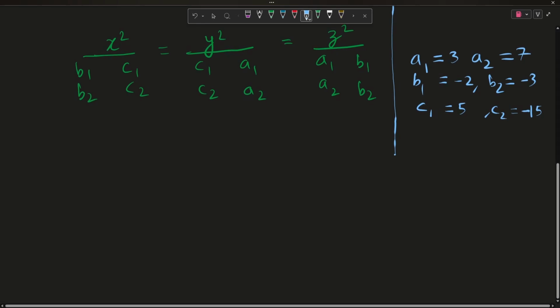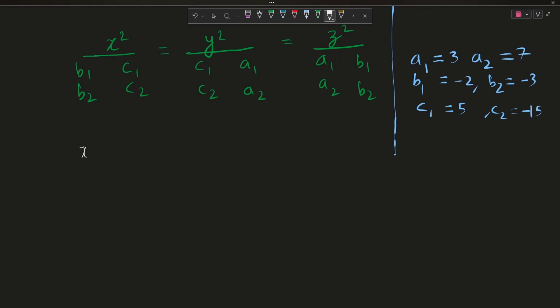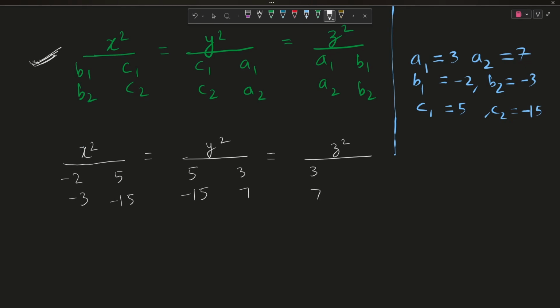Now continuing with this, I can write x square upon b1 b2, which is -2 and -3, c1 c2, 5 and -15, is equal to y square upon c1 c2, 5 and -15, a1 a2, which is 3 and 7, is equal to z square upon 3 7 -2 -3. The above formula was already discussed in the previous video.